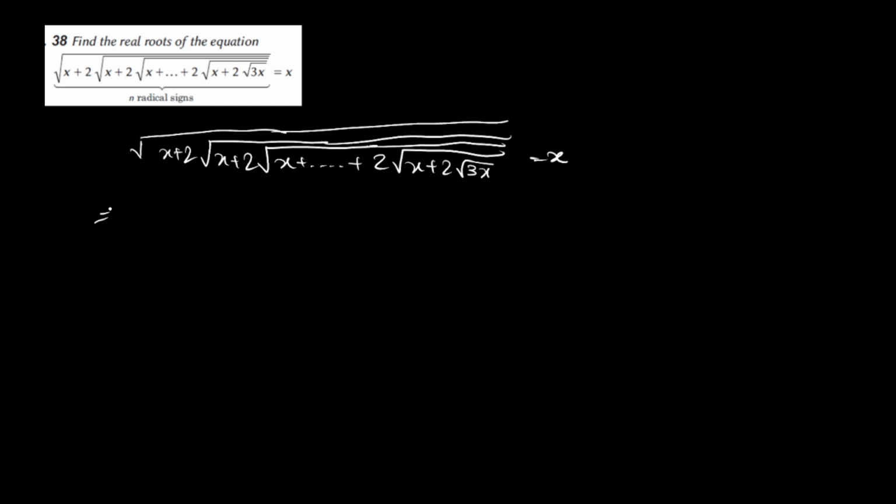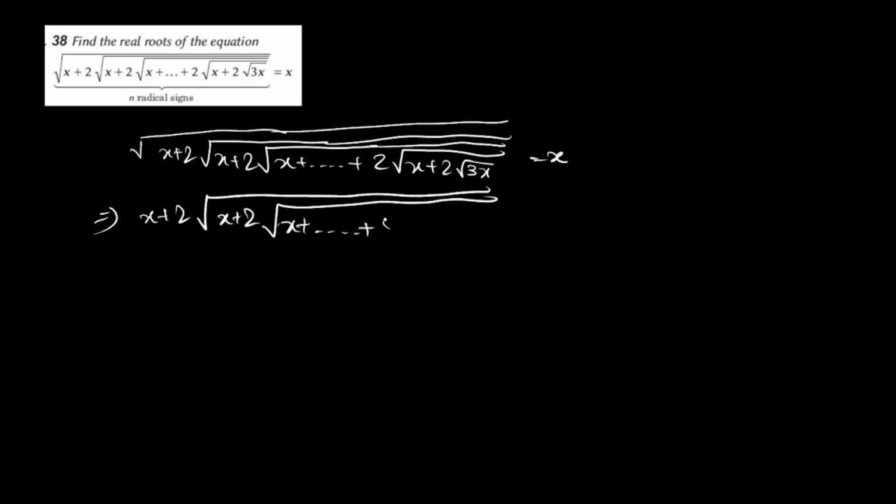What we do, just let's square both sides. x plus twice x plus 2 into x plus dots plus twice root 3x, whole root, equals x square. Just notice this whole part is the same as this part.